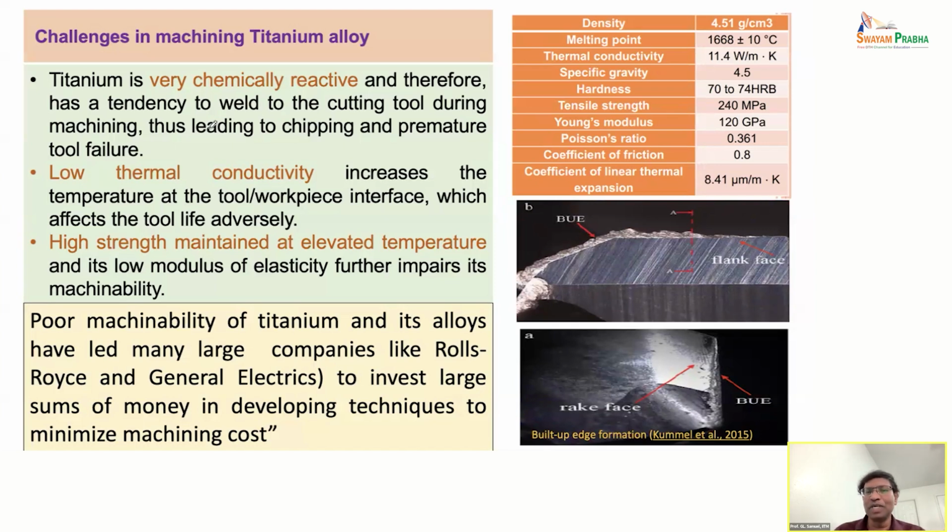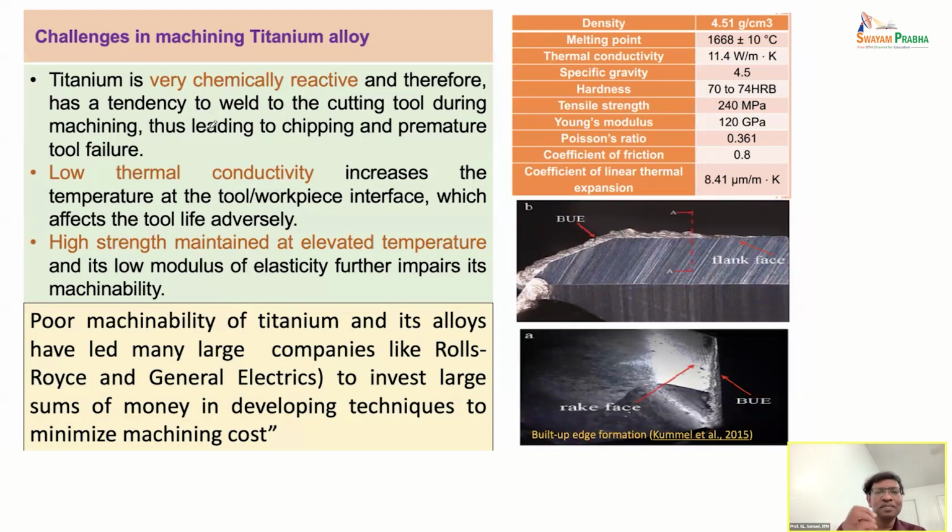Thus, the tool doesn't get much heated, and also the workpiece doesn't get much heated. That will be good. But here, it is not conducting, so the tip gets heated up, and the built up edge also forms, and then the tool life decreases. It gets worn out easily, and the tool fails.